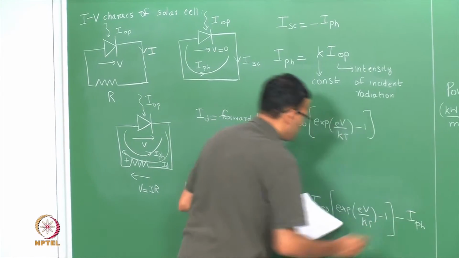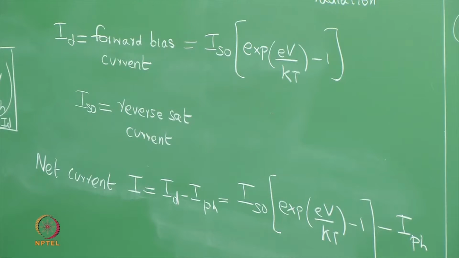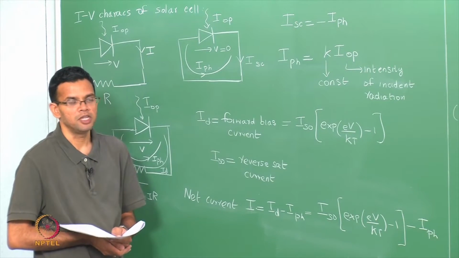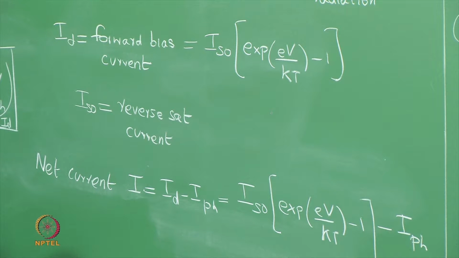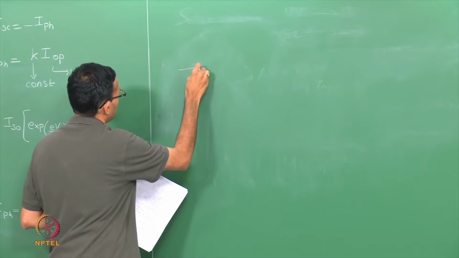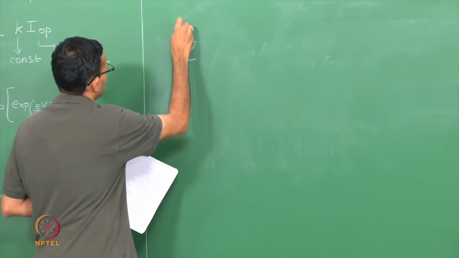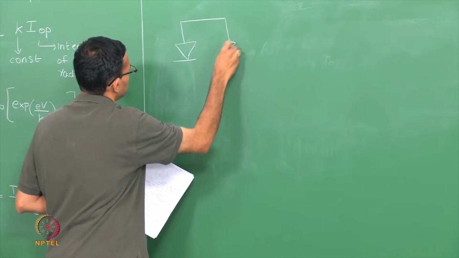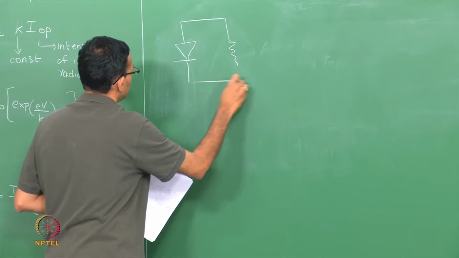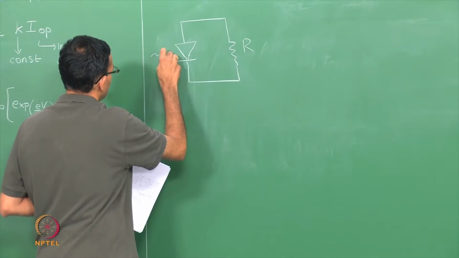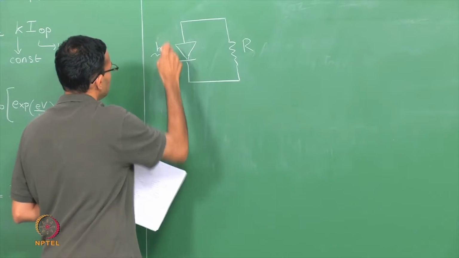minus IPH. So, it is possible to draw an equivalence circuit for your solar cell, which is nothing but a p-n junction under illumination. So, we have a solar cell connected to an external load, and you have some incident radiation shining on it.